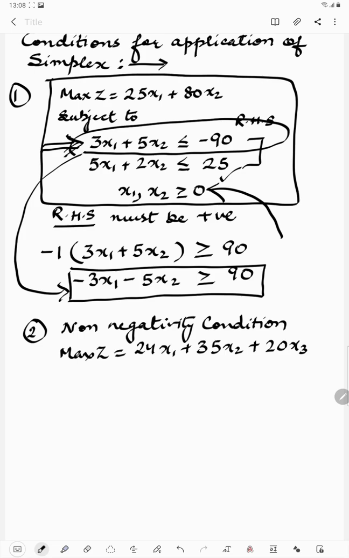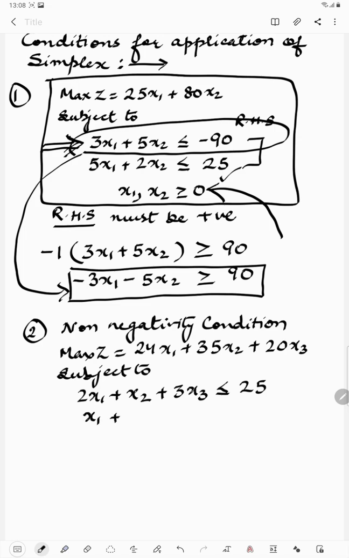Here we have three decision variables, x1, x2 and x3. This is the objective function, subject to the constraint equations, which say 2x1 plus x2 plus 3x3 is less than or equal to 25.